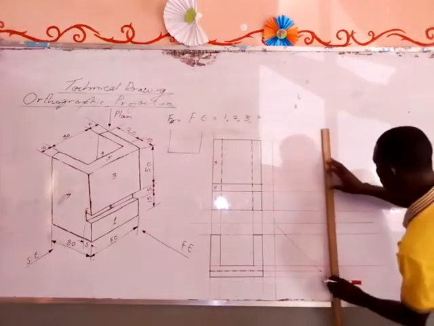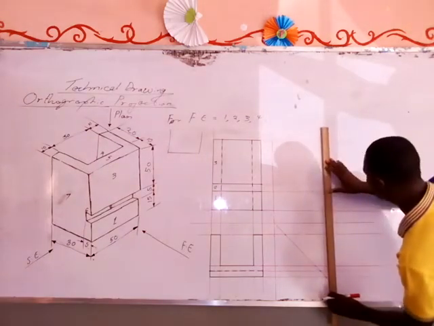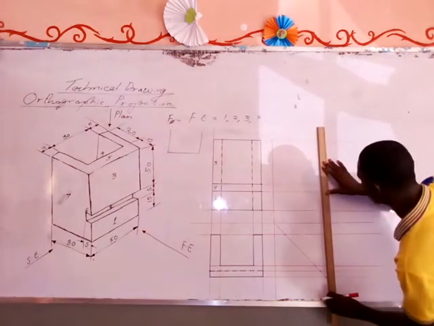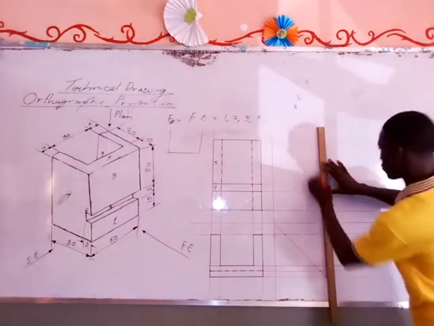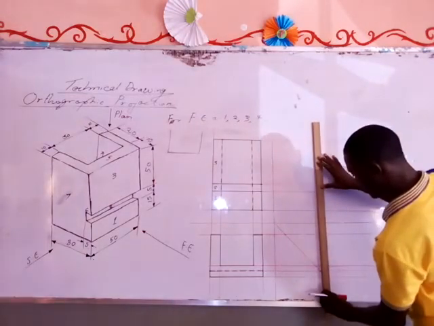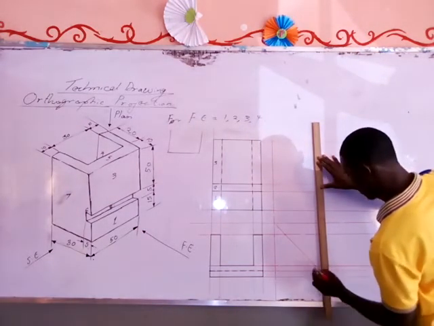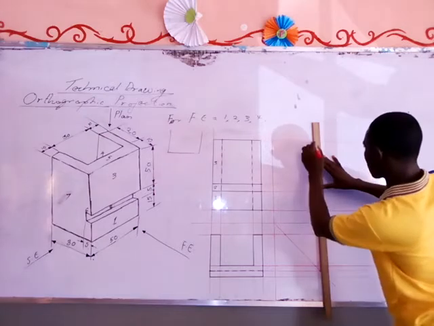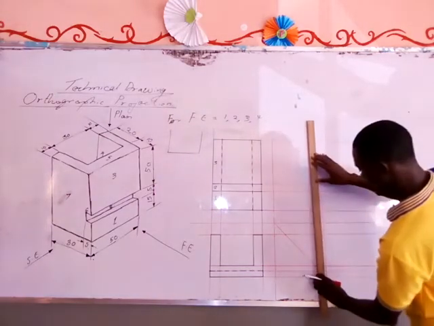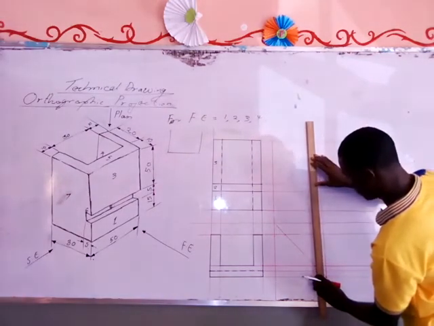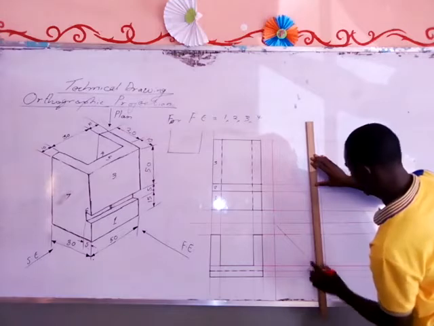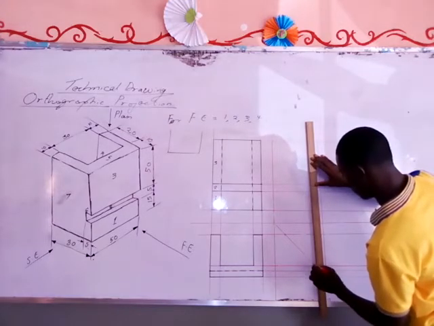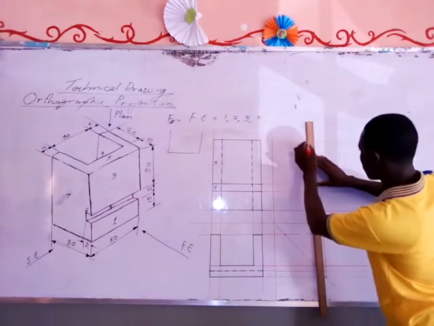So we project these points up with vertical lines. We draw like this. Move it here and draw a vertical line. Move it here, draw a vertical line.